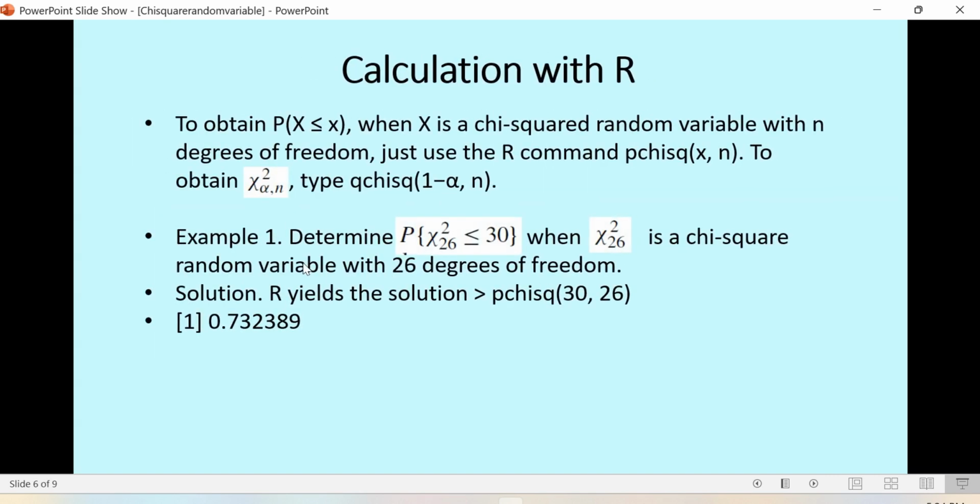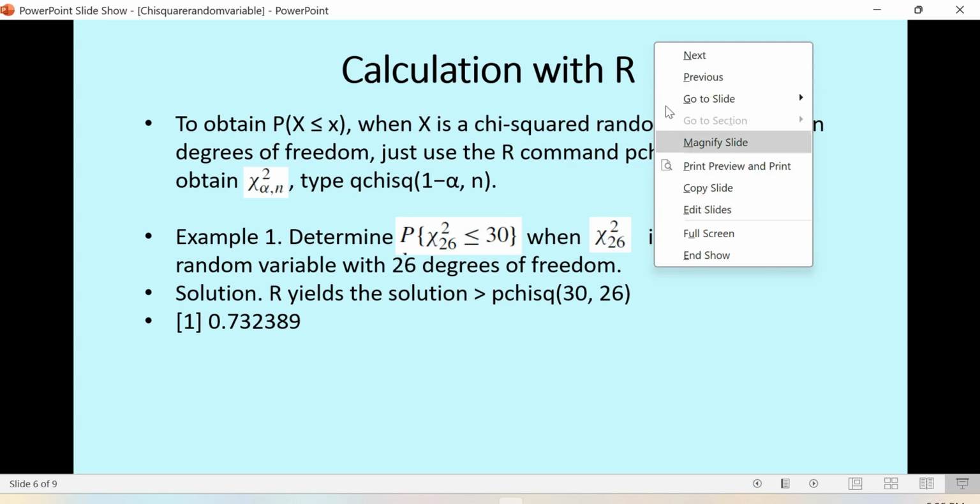For example, in example 1, we determine the probability that chi-square with 26 degrees of freedom is less than 30. We will calculate this probability for a chi-square random variable with 26 degrees of freedom.